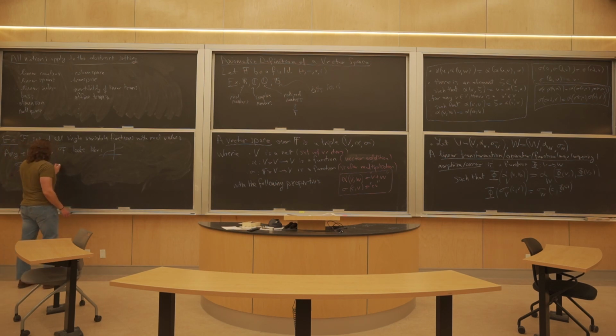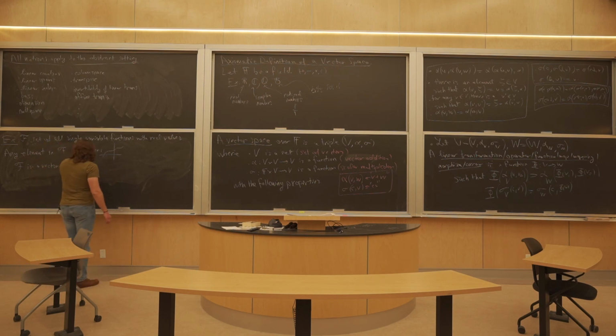How do I add two functions? Any ideas? I have two functions. How do I add them? You can just add the whatever you're adding on the function, and then you can multiply the scalar. Yeah, exactly.